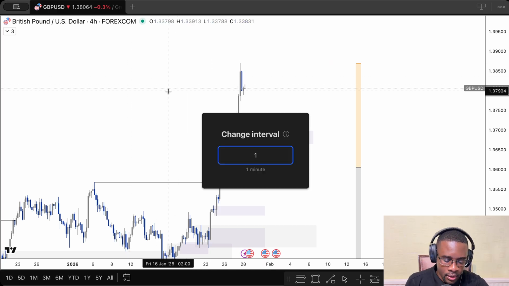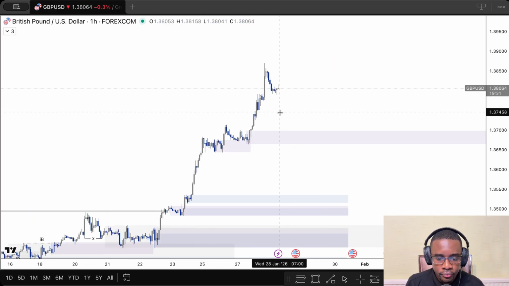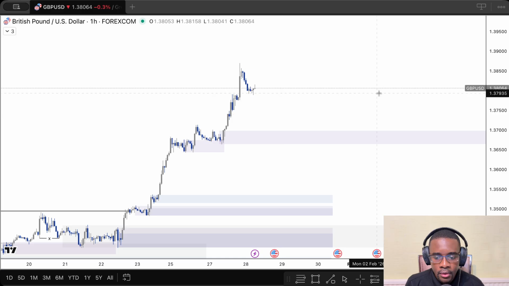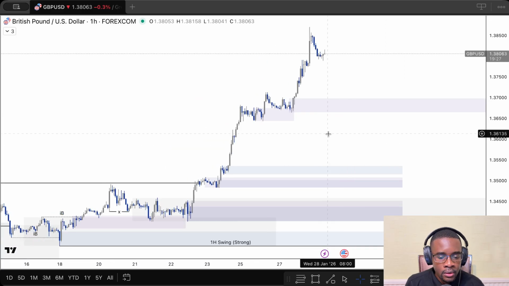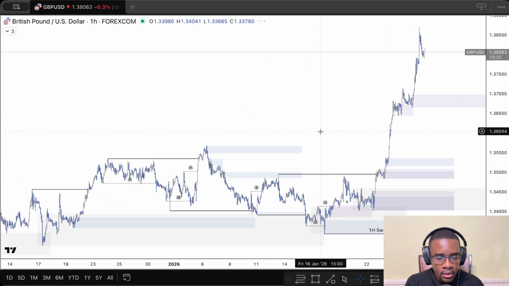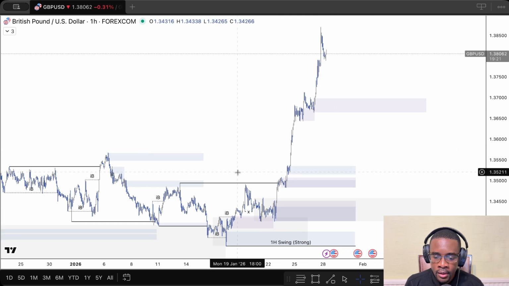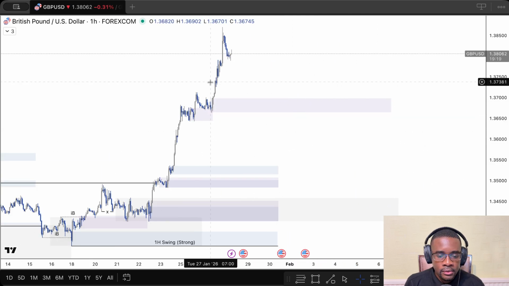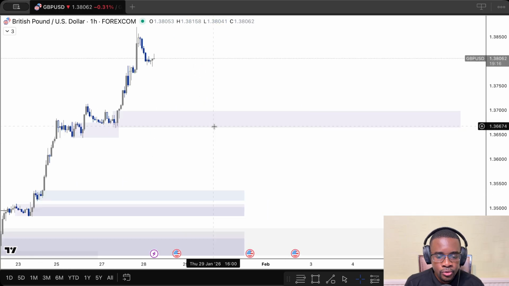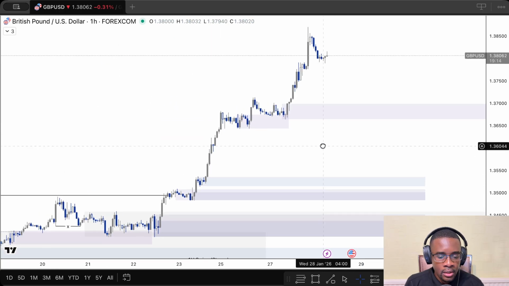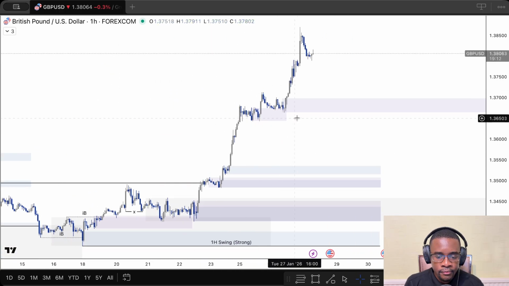So looking at the 1 hour, our swing break is down there. Now I wouldn't call this swing structure, because it's pretty shallow.